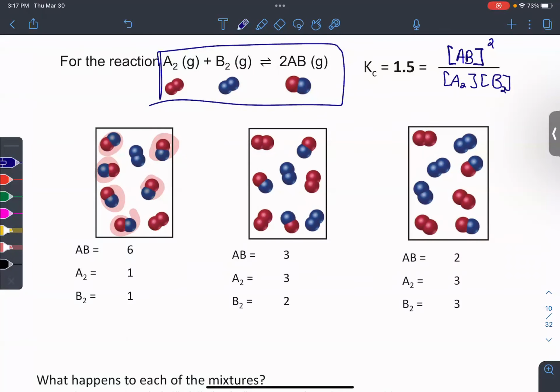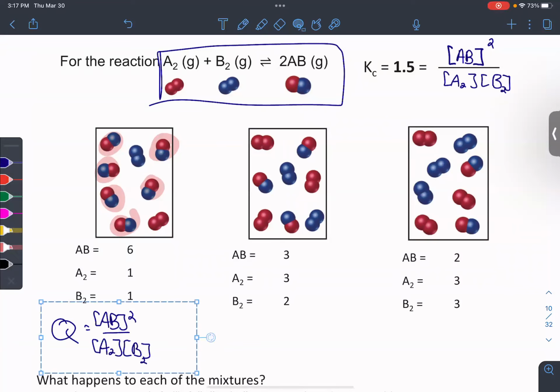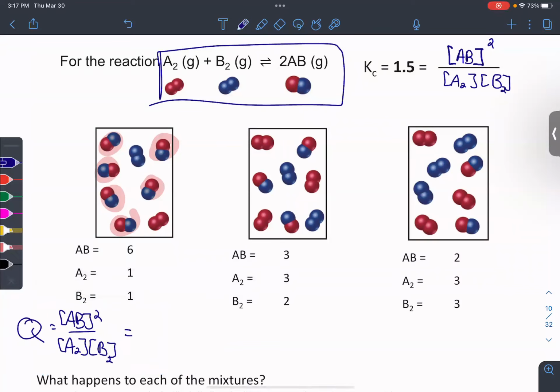So let's calculate Q. Remember, Q has the same form as K. So this is going to be the concentration of AB squared over the concentration of A2 times the concentration of B2. So you tell me, what is the value of Q in this picture? I have the numbers. It's 6 squared over 1 times 1. So Q is equal to 36.